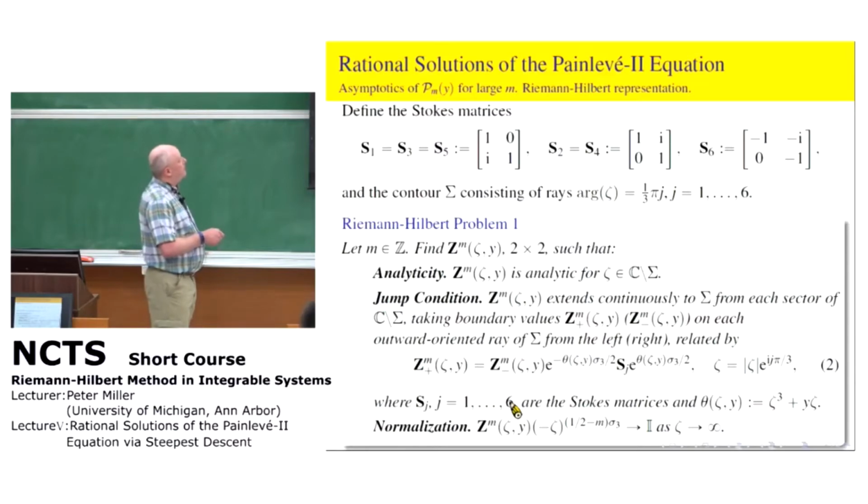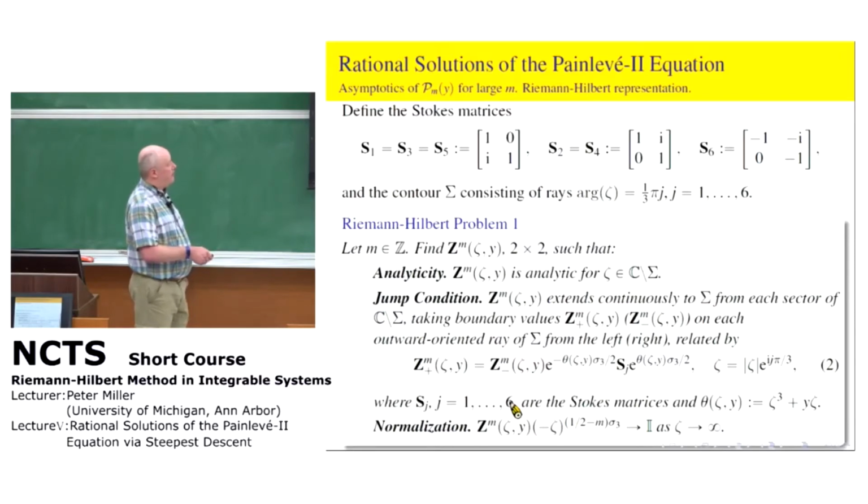Okay, so the problem is to find a matrix Z with parameter m, not a power, just a parameter, Zm of zeta, y for an integer m, a 2 by 2 matrix that's analytic in the complement of this 6-ray contour. The matrix should extend continuously to the contour from each sector of the complement, taking continuous boundary values Zm plus, Zm minus on each outward-oriented ray, from the left for the plus and from the right for the minus index.